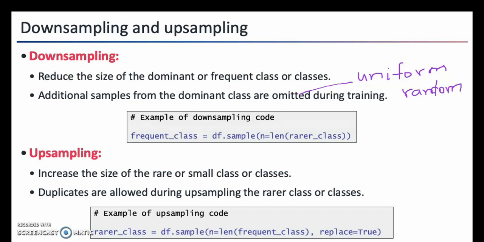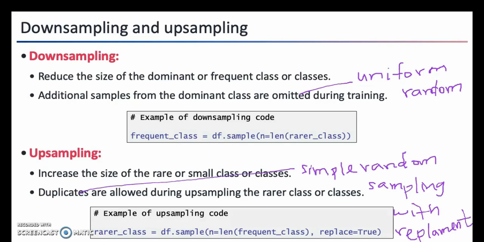Now, the other technique is called upsampling. This means that for the classes that are considered rare, one would duplicate observations, but also without adding bias or preference. The duplication of observations would also be done with this uniformly at random approach. More specifically, one would use the statistical sampling method called simple random sampling with replacement.